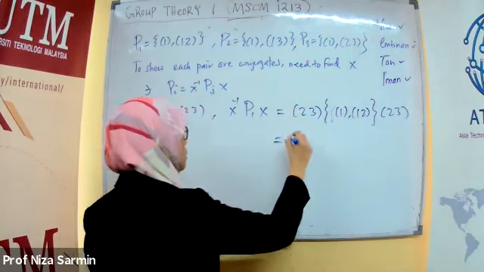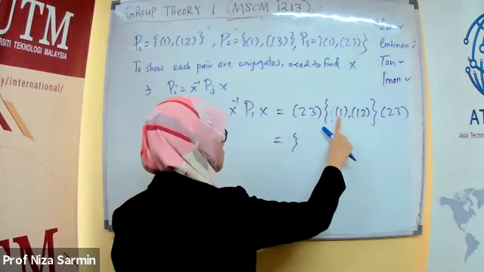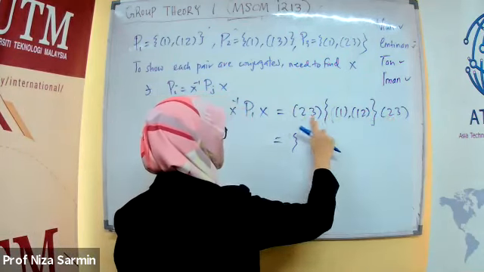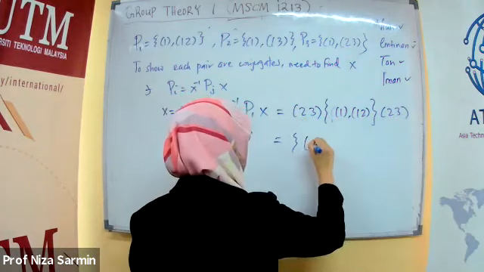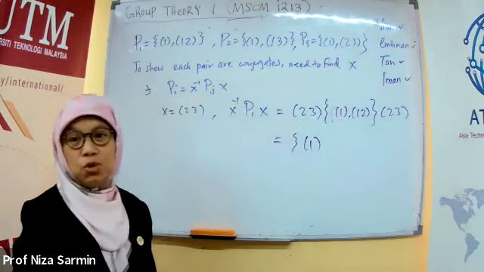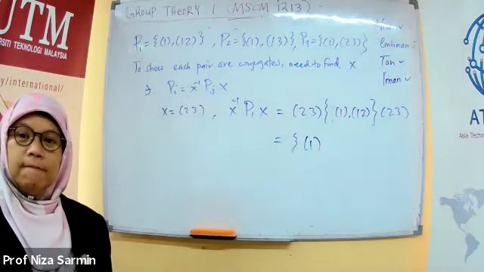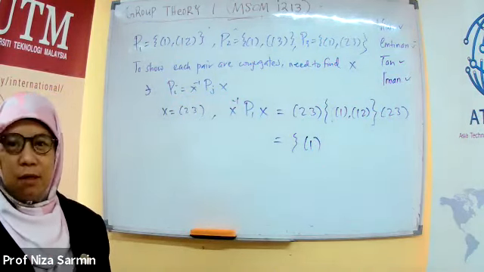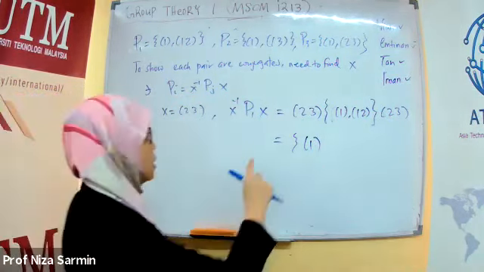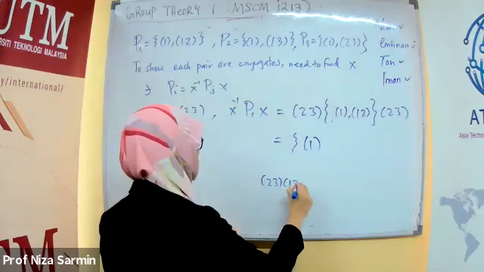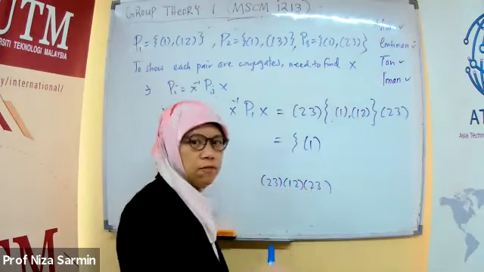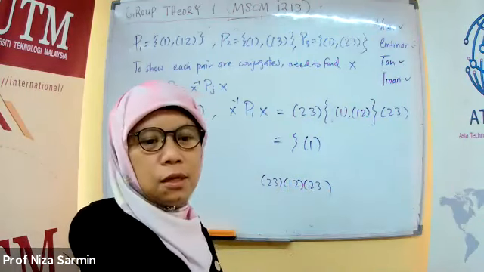The first one is this times this times this. Because (2 3) times (2 3) is the inverse, it gives the identity. Yeah, okay. The second one is this times this times this. Oh, I forgot to silence my phone. Wait.